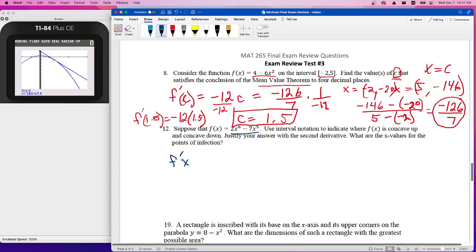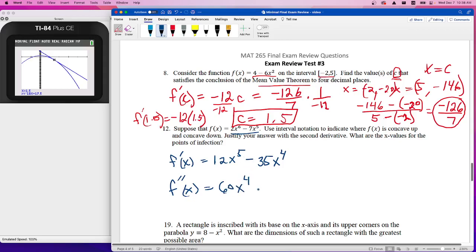So let's do this. First derivative is going to be 12x to the fifth minus 35x to the fourth. Second derivative, 5 times 12 is 60, and then it's x to the fourth.